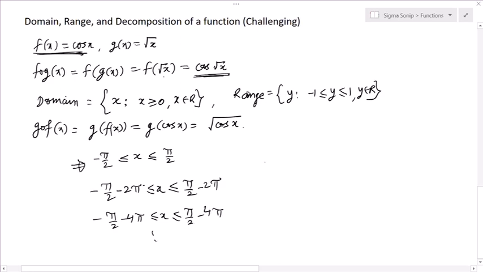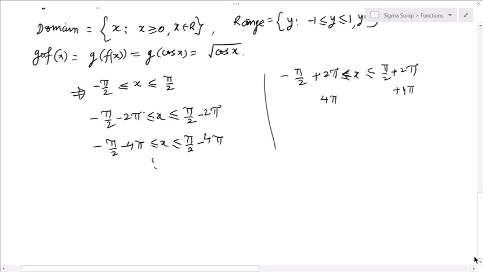Likewise, I also need to go in the positive direction, so instead of minus I do +2π here, π/2 + 2π, then 4π, and so on. All these can be represented easily if we keep in mind that 2π is the period.